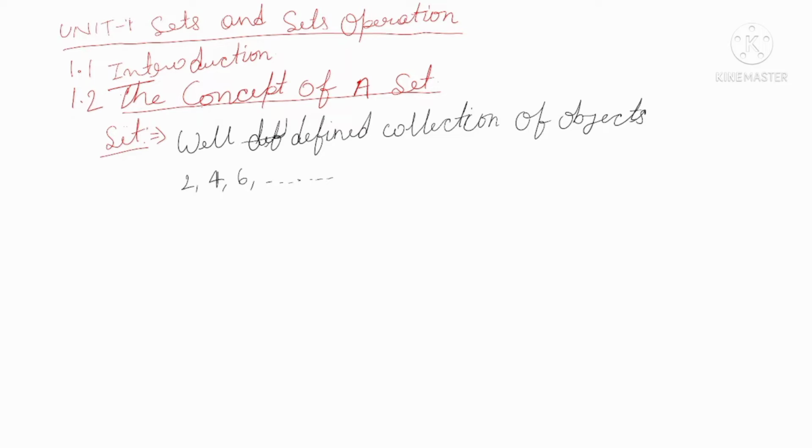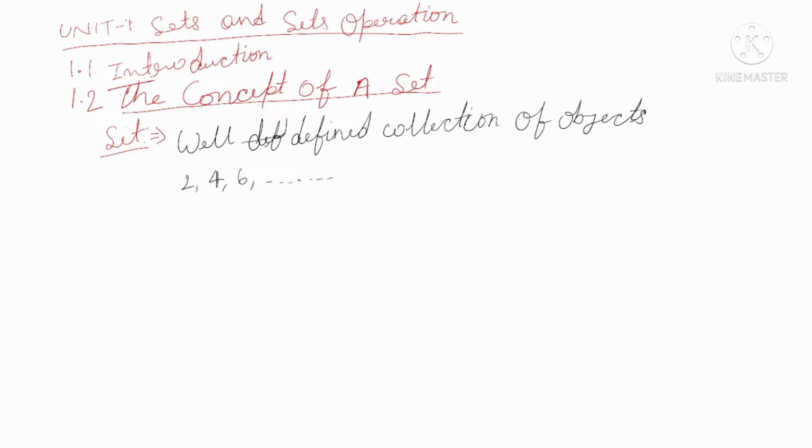In the same way, if in any class 10 or 20 students are there, and exactly we know how many students are there and we can define them, then we can say that they will form a set. Now next, one more example is given, just like food items, means your favorite food items.